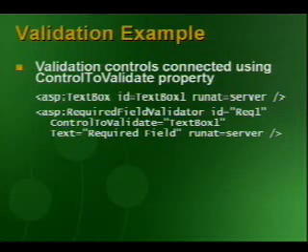I have a text box in this example, and I have a required field validator, and the middle line there, control to validate equals text box 1, that's the glue. It's just done declaratively, so when we initialize the page and all the controls, we wire it up for you. And that's it. In this particular case, I also have a text property. That's the error text that will show in place wherever I put this validator in my page.